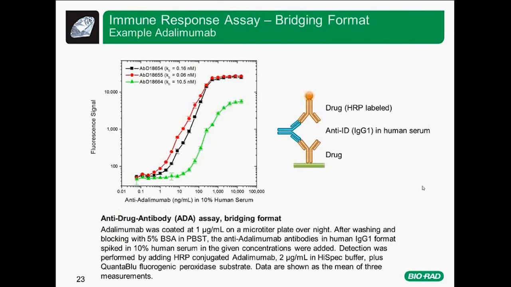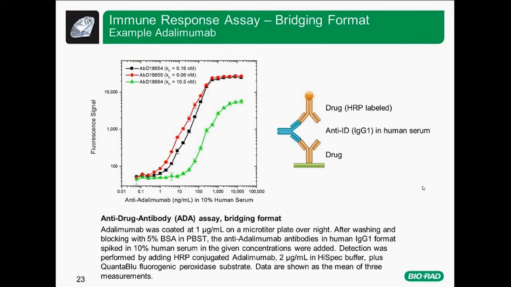I have two examples for the use of these antibodies in immune response assays. In this bridging format, the drug is coated, and detection of the anti-idiotypic antibody, or the anti-drug antibody, is with labeled drug.